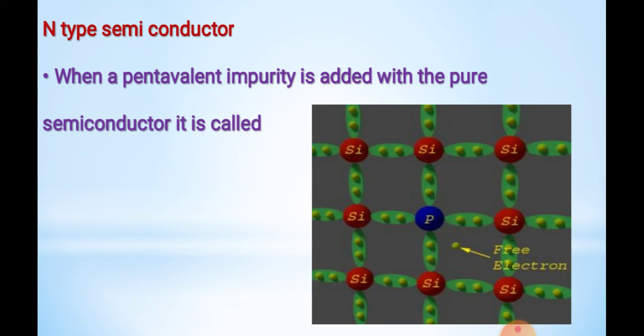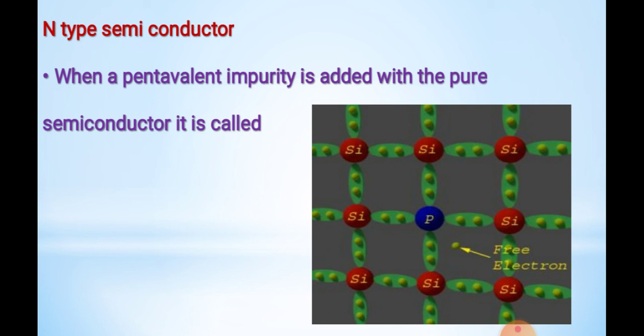Free electrons will be in the conduction band. So first the pure semiconductor is added with the impurity. Due to the addition of impurity we have a free electron, so it behaves like a conducting material. Before that it acts as an insulator, and after that it behaves like a conducting material.